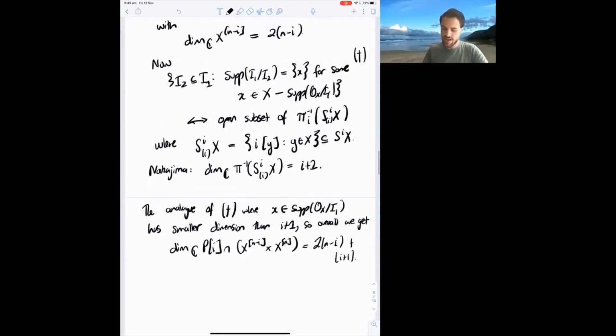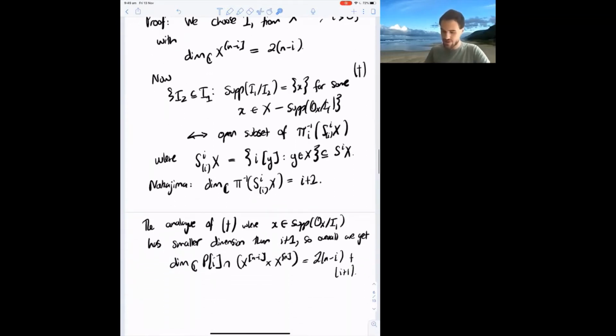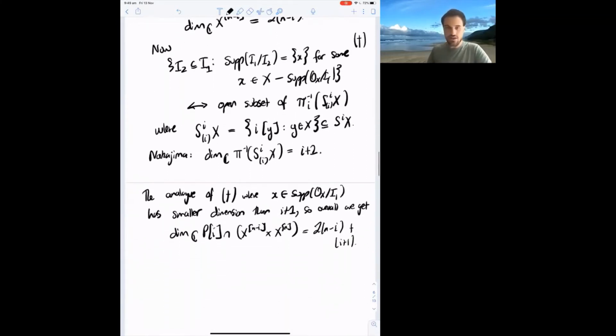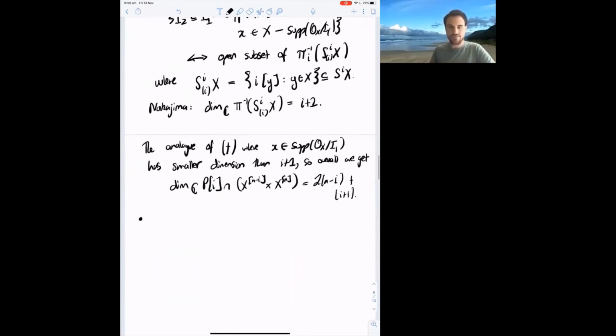Basically we've introduced these PIs and we've said something about the dimension. From here, I want to define a couple of extra things. We want to define the correspondences now, which will give us the operators in terms of the PIs that we've got.